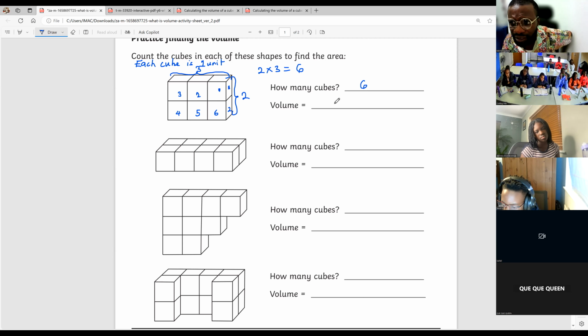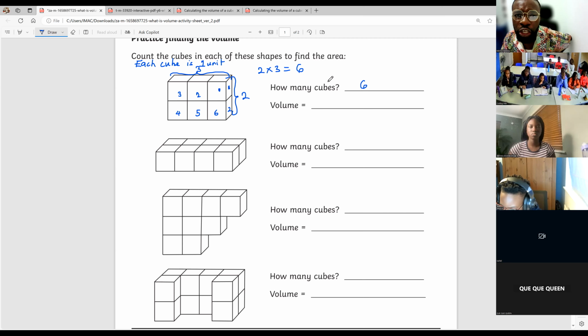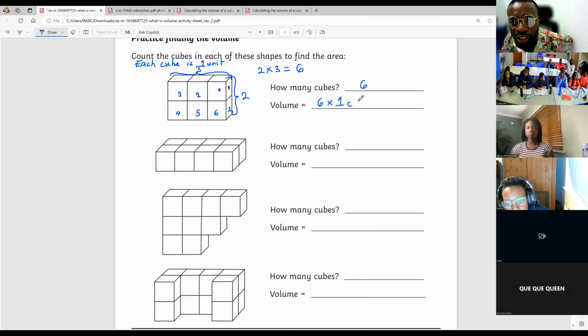Does that make sense, guys? Okay, so what then is the volume? How many cubes did we see? So that would be 6 times 1 cubic unit, which is 6 cubic units volume.